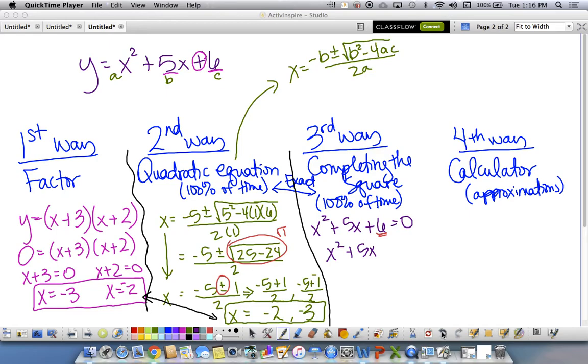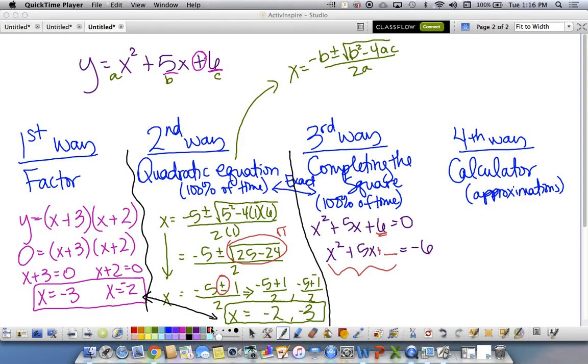I leave a space because I know what's coming. I want this right here to end up as a perfect square. So I know I need to leave a blank here, plus blank.